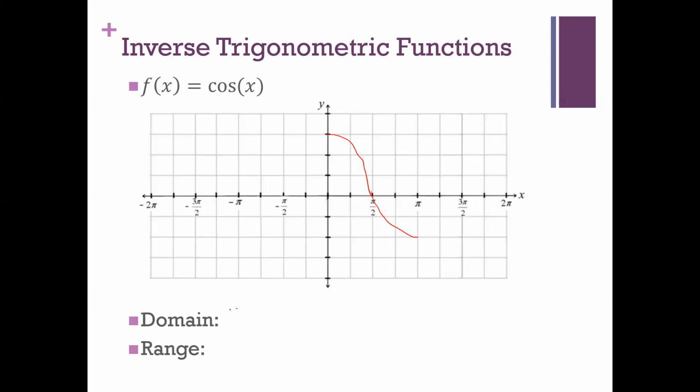So what's that domain and range then? 0 to pi, negative 1 to 1. So this is our new cosine function. We're going to restrict the domain in such a way that we don't restrict the range. So I have a one-to-one relationship now with this new restricted domain. Good so far?